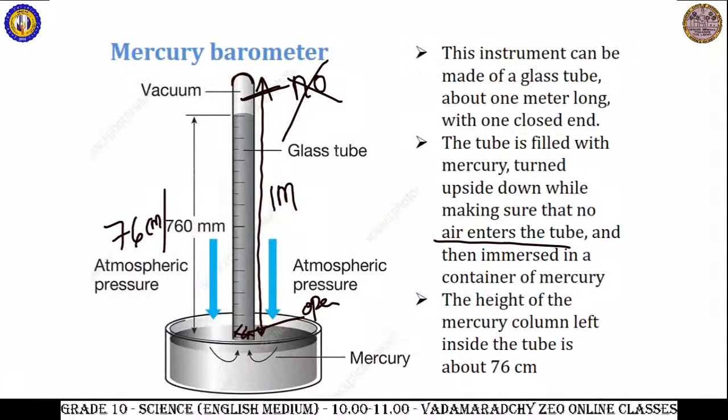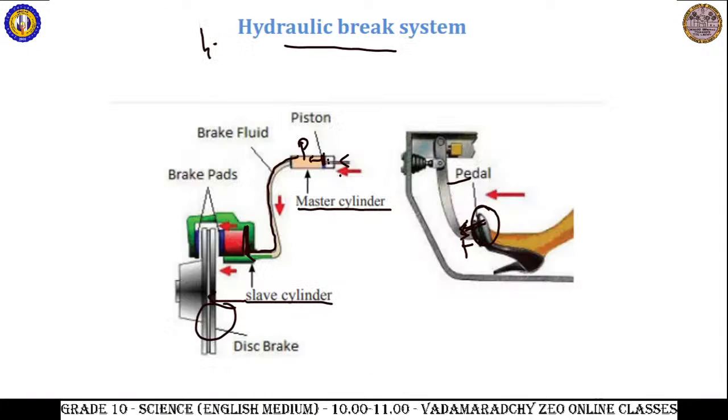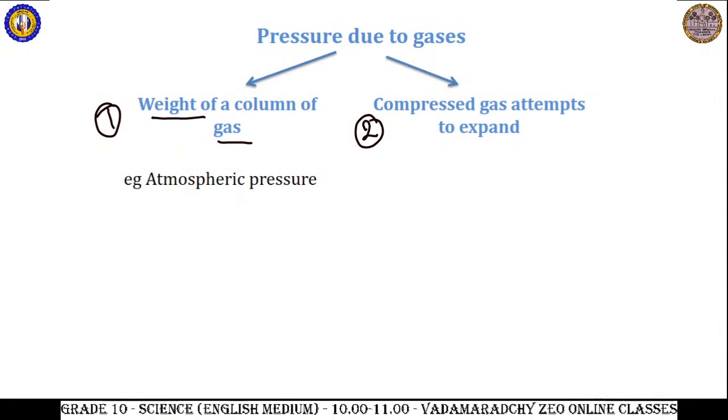Let's summarize what we have studied today. We have studied the pressure due to gases, and how the pressure is created by gases. As with liquids, the weight of the gas column creates a pressure.